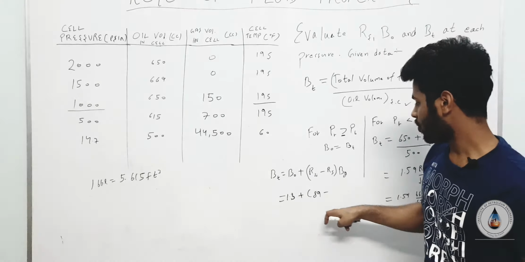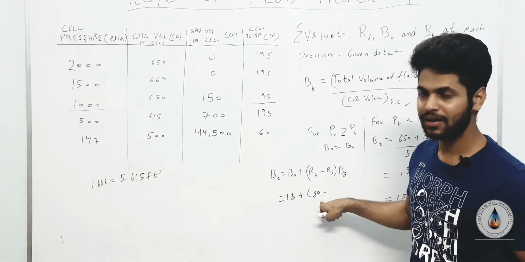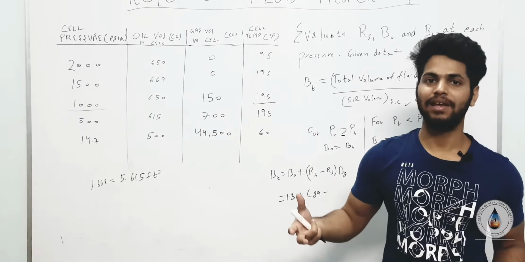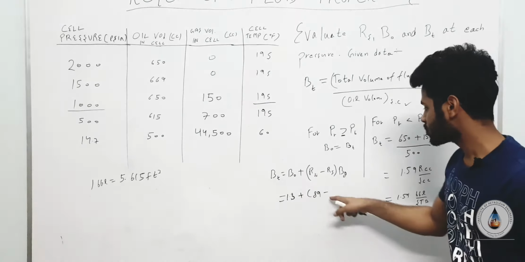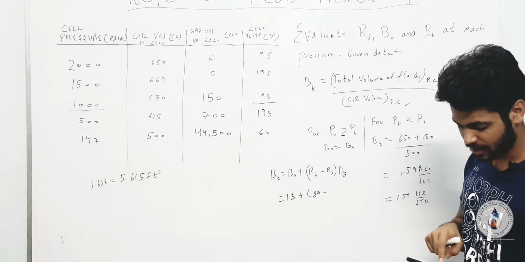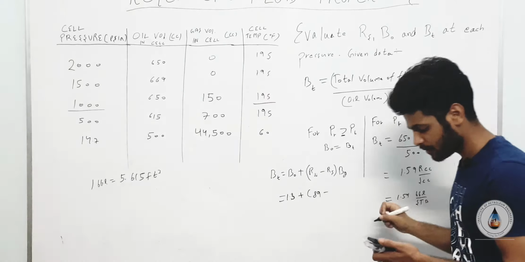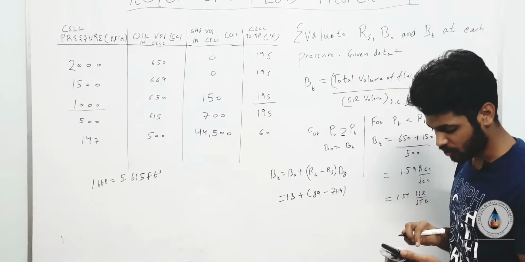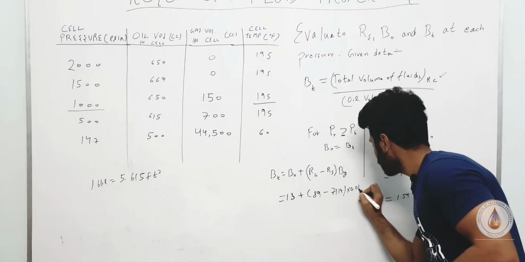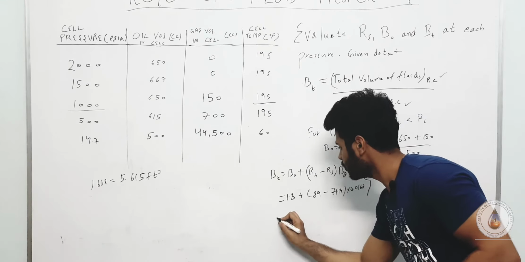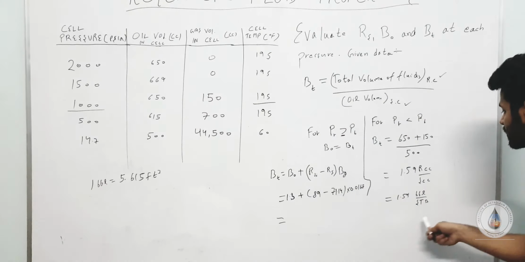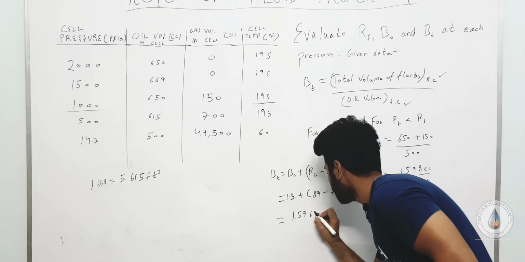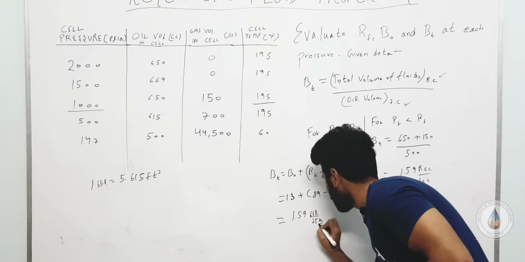So 89 was the initial solubility. If I subtract the solubility at this value, it will represent the amount of gas that has evolved per stock tank barrel of oil. So 89 minus Rs at 1000 psia, which we calculated as 71.14, into Bg at this value, which was 0.0168. Now if you solve this, you will reach the same answer, that is 1.59 barrel per stock tank barrel.